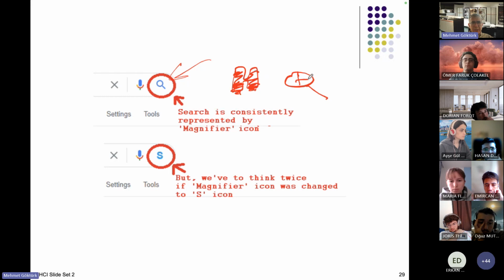Today it's mostly magnifiers. But it was also used with an S. We have to think twice if the magnifier icon was changed to an S, or is it Skype or search? Therefore, one needs to be careful in consistency.